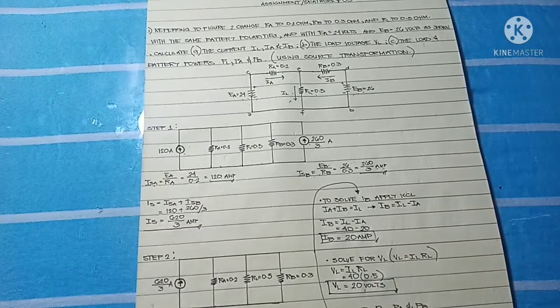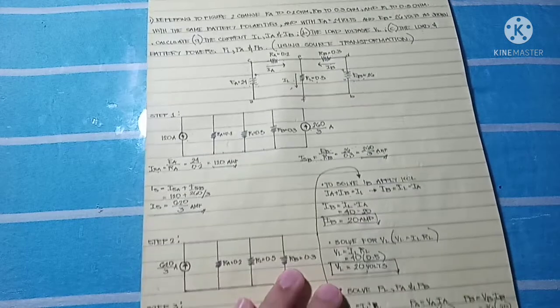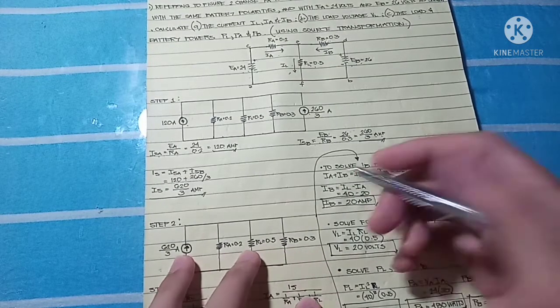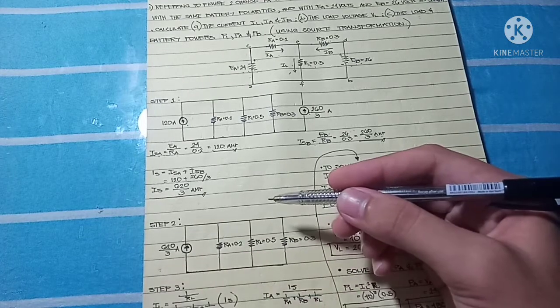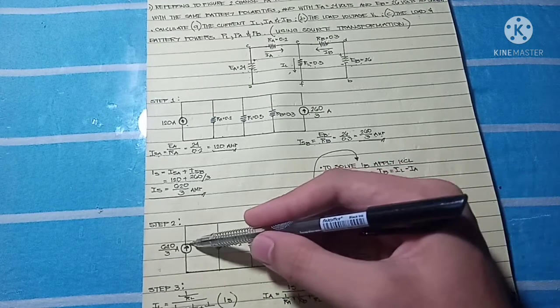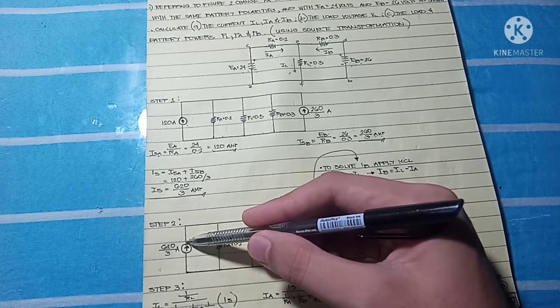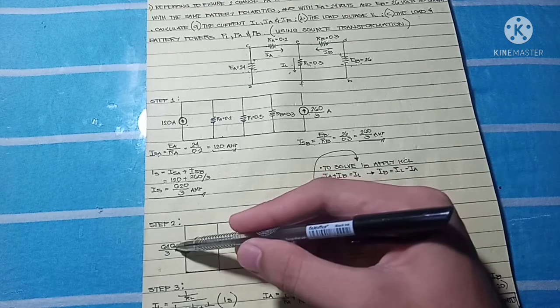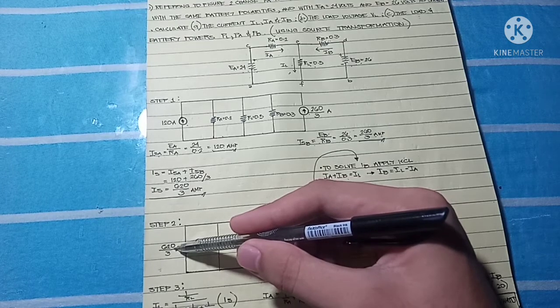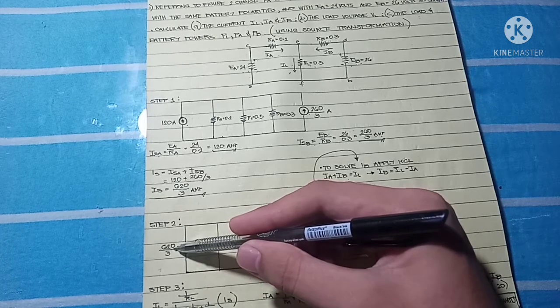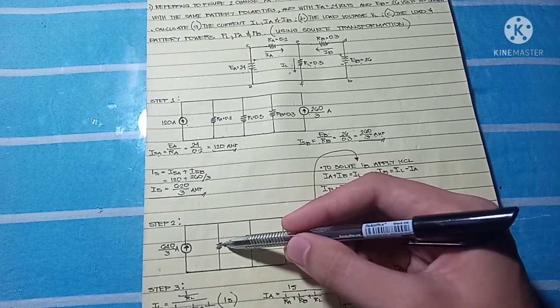Then step 2, simplify the circuit diagram. The sum of the current sources, IS, is equal to 620 over 3 amps, and the resistors become parallel.